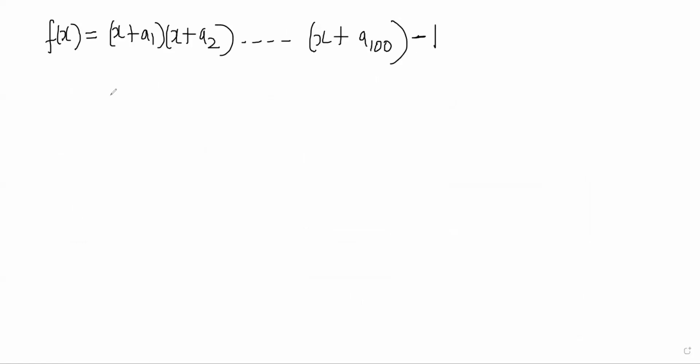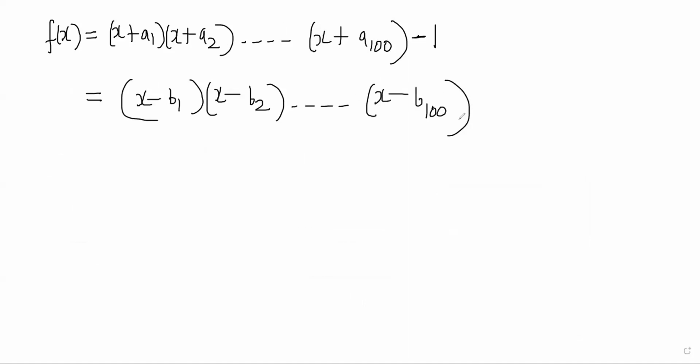We can say f of x is equal to x plus a1, x plus a2 multiplied till x plus a100 minus 1. We know that it can also be rewritten as x minus b1, x minus b2 till x minus b100.